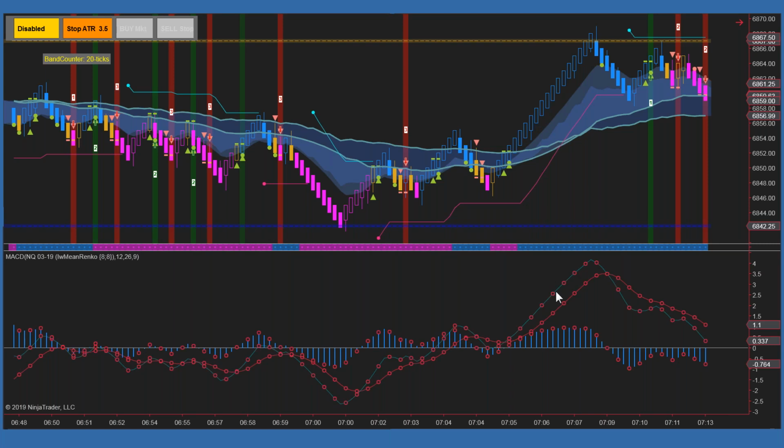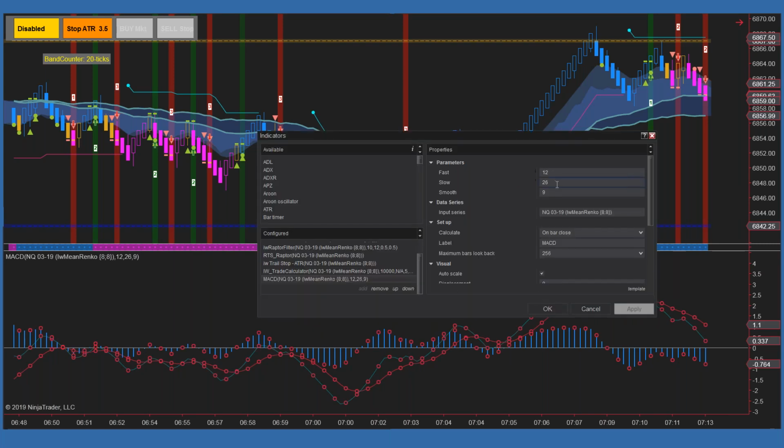People are always interested in tweaking their settings. And if you're going to tweak your settings, that's fine. The thing you need to remember, however, is that your settings need to change. What I mean by this is too many people will not get enough of a difference between the fast and slow moving average lines.